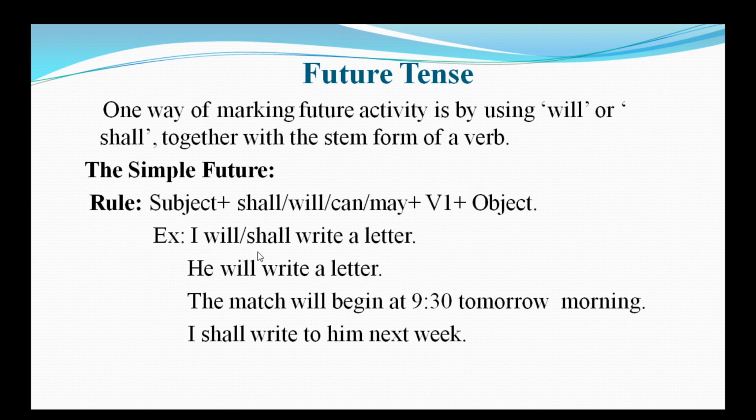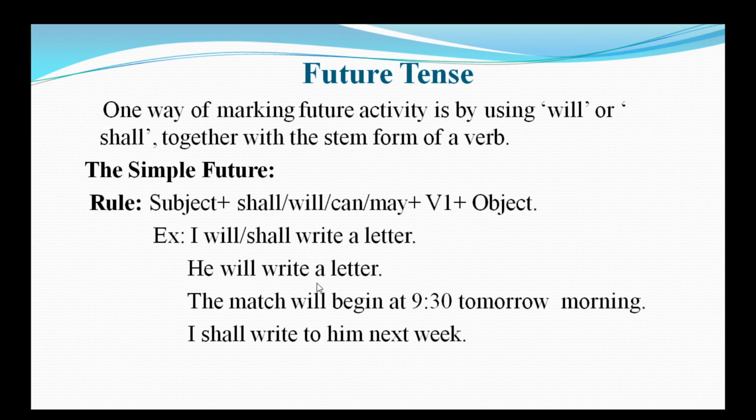Shall is more commonly used with the first person pronouns I and we, while will is more commonly used with you, that means second person, or he or she, third person singular. So based on this rule, I will or I shall write a letter.